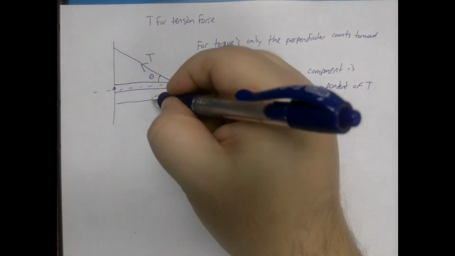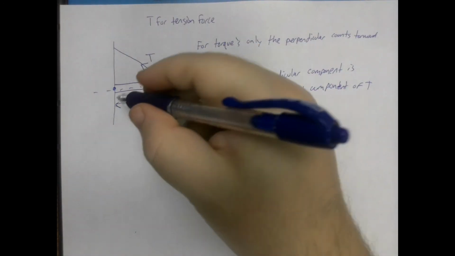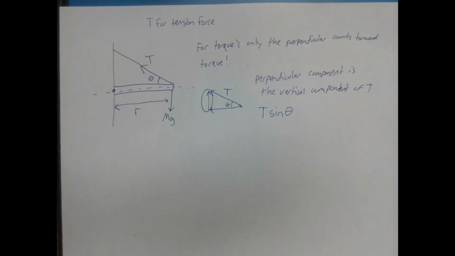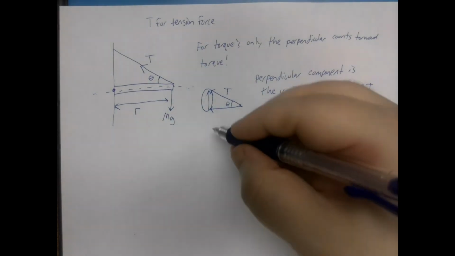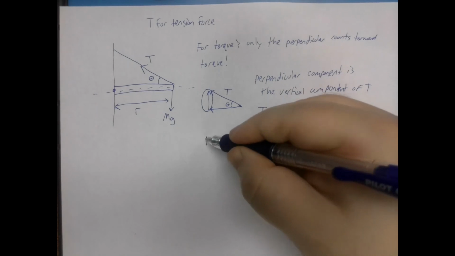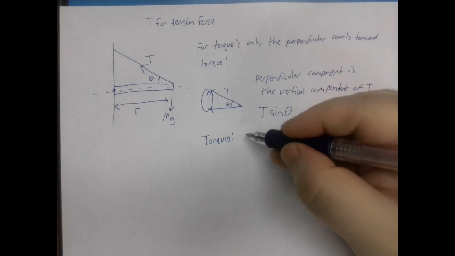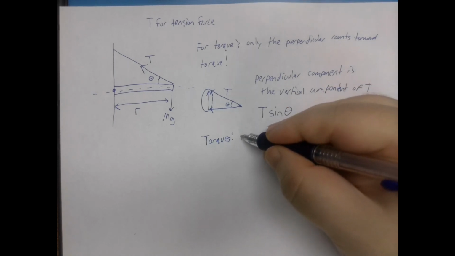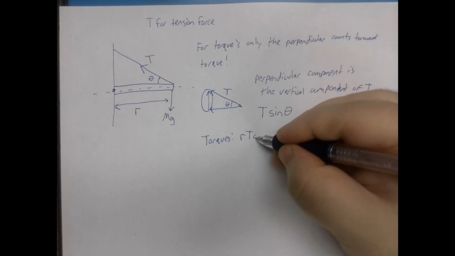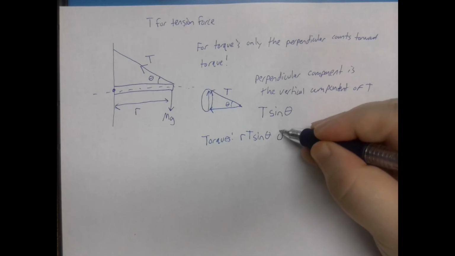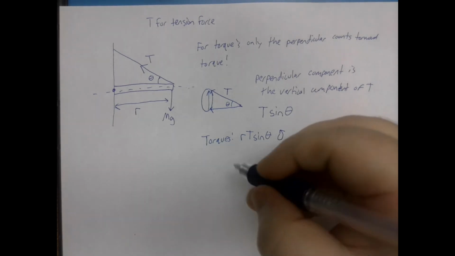And let's let this have a radius of r. So the torques, there are two torques. We have r times T sine of theta, and that would be making it want to rotate counterclockwise.